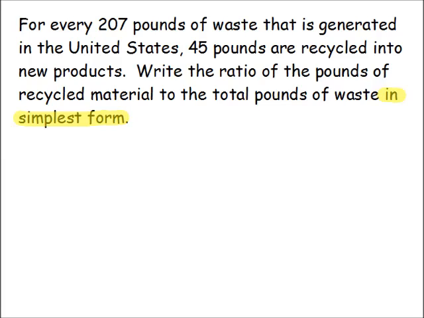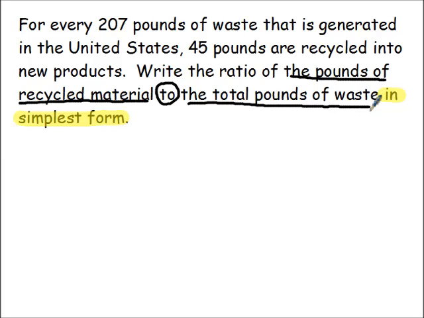So we are asked to write a ratio of the pounds of recycled material to the total pounds of waste. The pounds of recycled material come before the word to, so those will come first. So we need to find the pounds of recycled material.